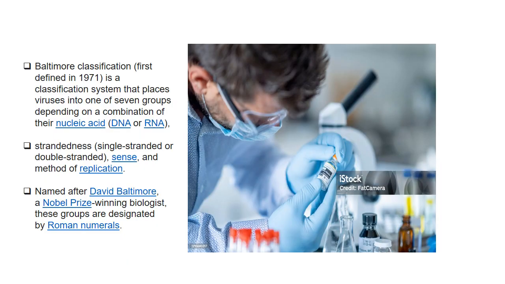Baltimore classification was first done in 1971. It is a classification system that places viruses into one of 7 groups depending on a combination of their nucleic acid, DNA or RNA, strandedness, single-stranded or double-stranded, sense, and method of replication.